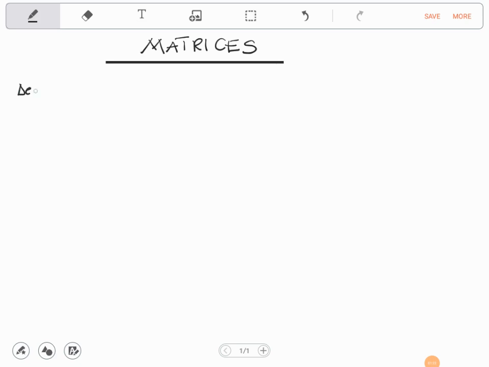So definition number one, matrix. What is a matrix?